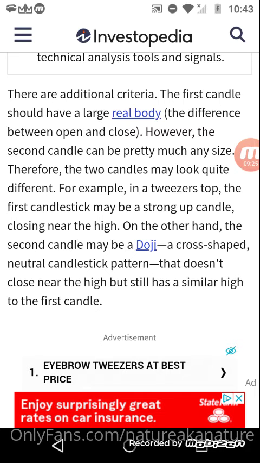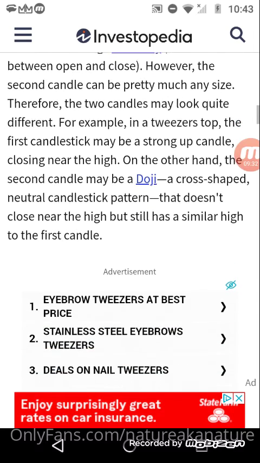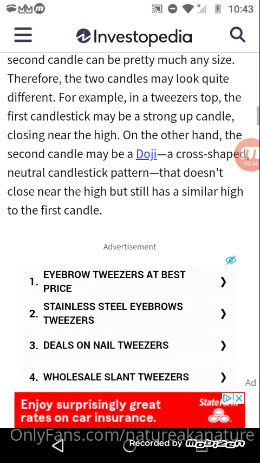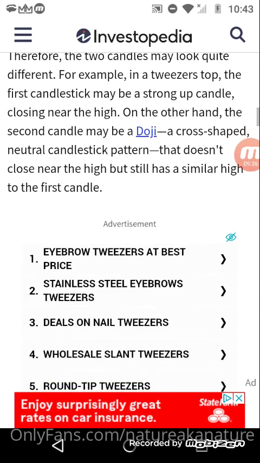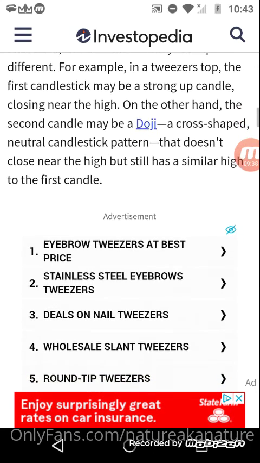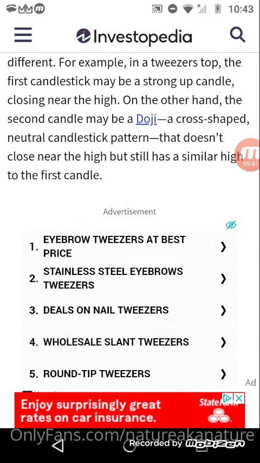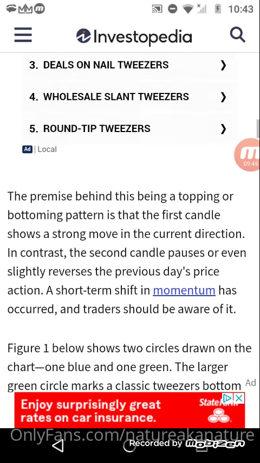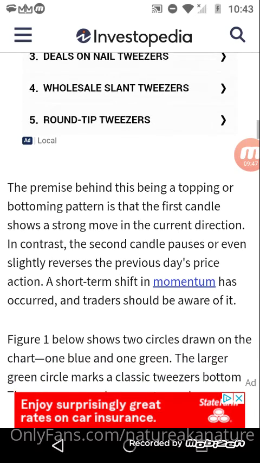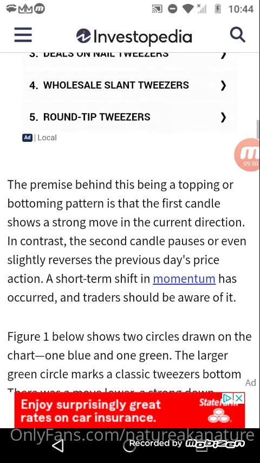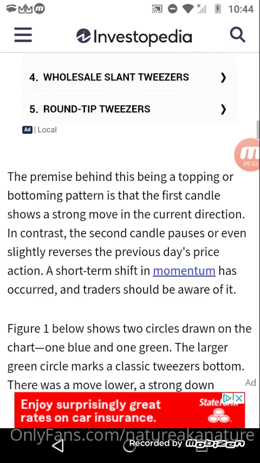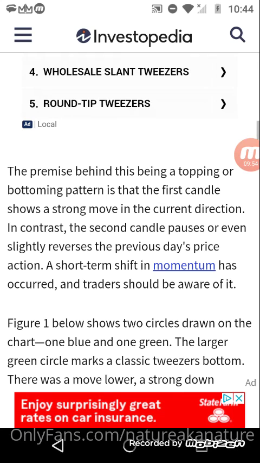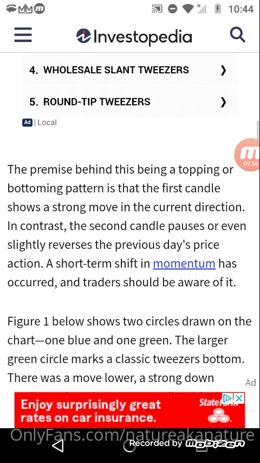Buyers might have been in control, or it might have been a green candlestick going all the way up, and then you see a doji, and it could be a reversal pattern, because there's not a lot of momentum going on. If it's a doji, it's not. So you have to pay attention to that. If there's not a lot of momentum going on, then traders should be aware of it.